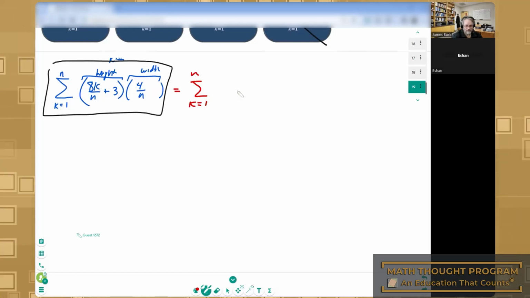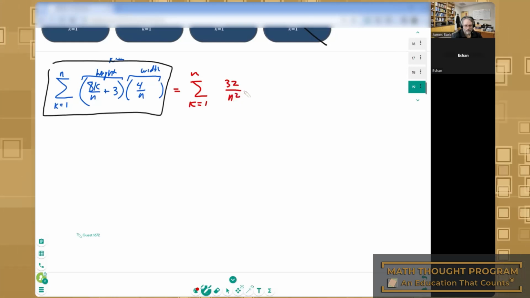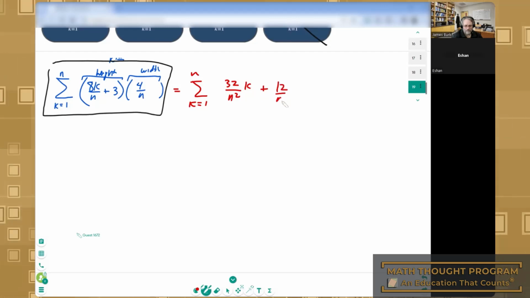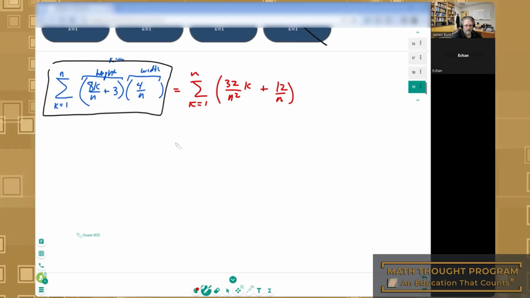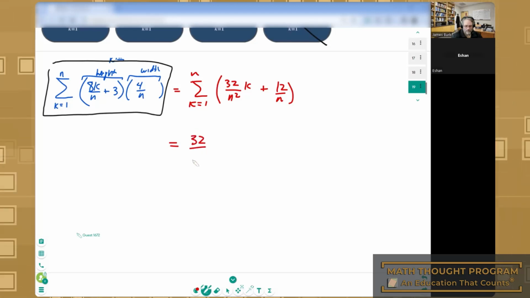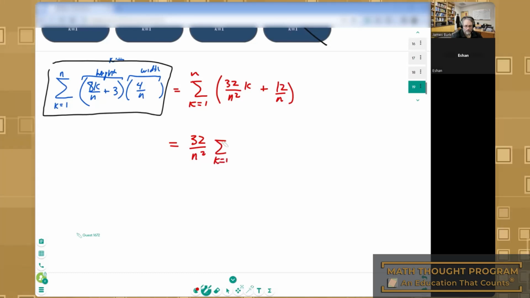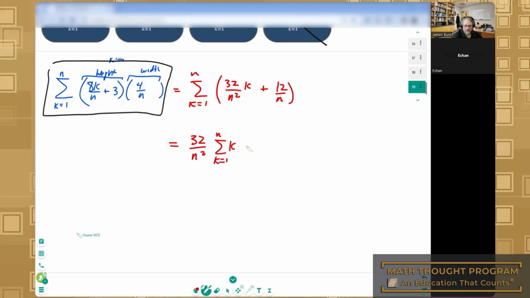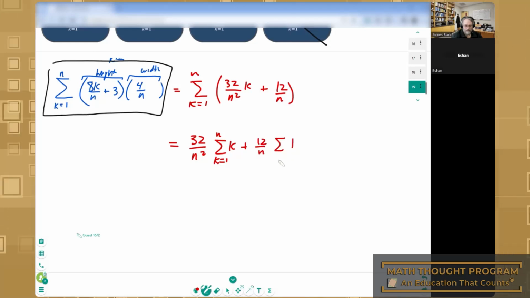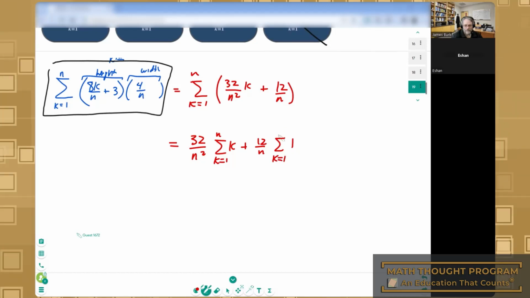Okay, so you're going to take this and expand it out. Then you're going to sum it. You're going to pull it out. Factor everything out except for the stuff that has a k in it.